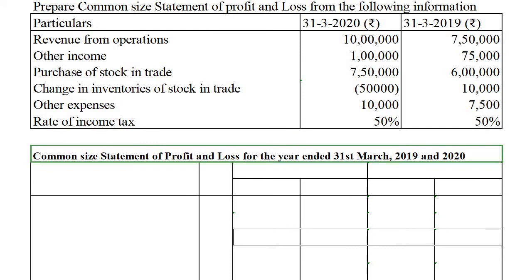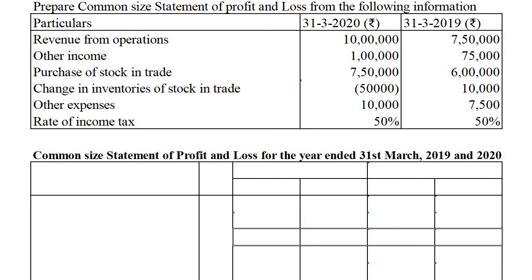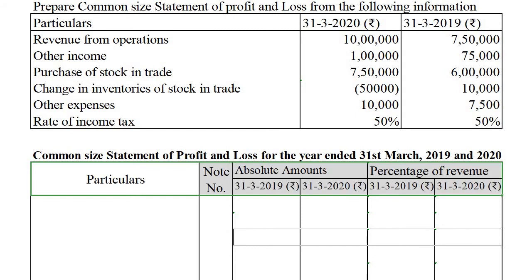So particulars, note number, absolute amount for previous year and current year, percentage of revenue for previous year and current year. So this is the heading.